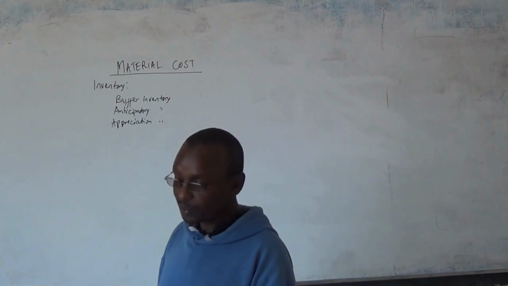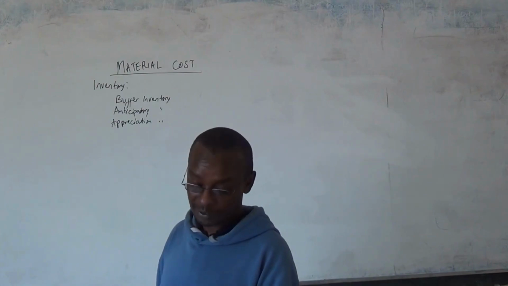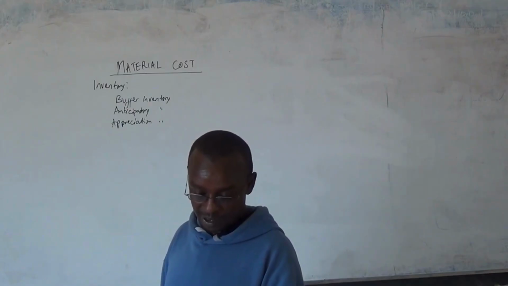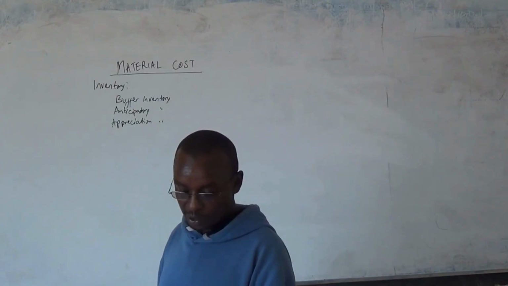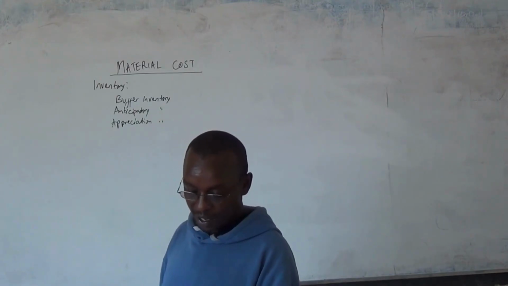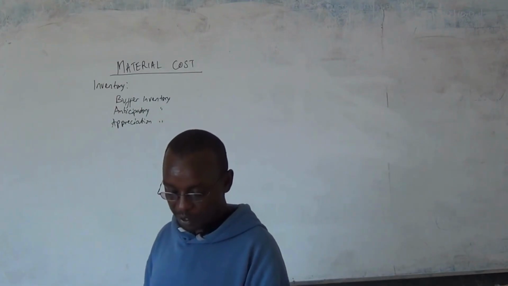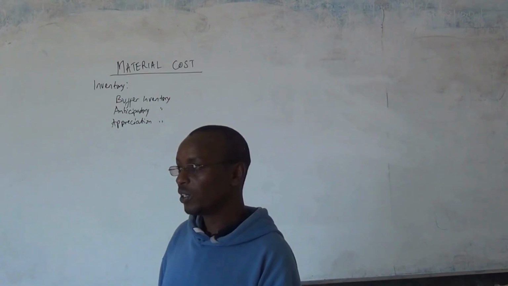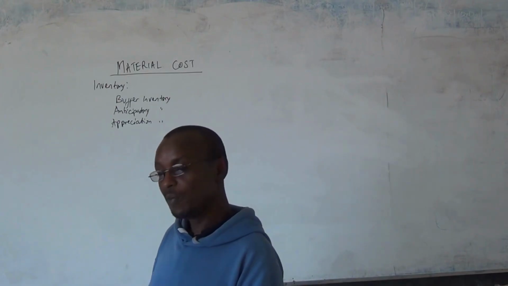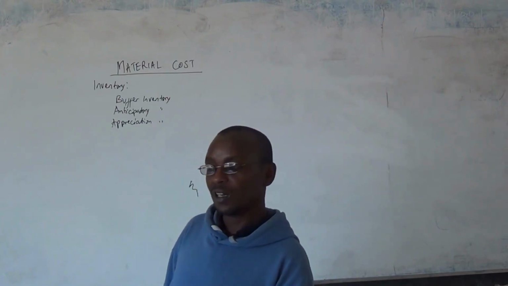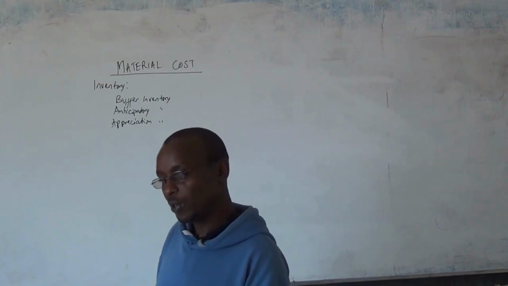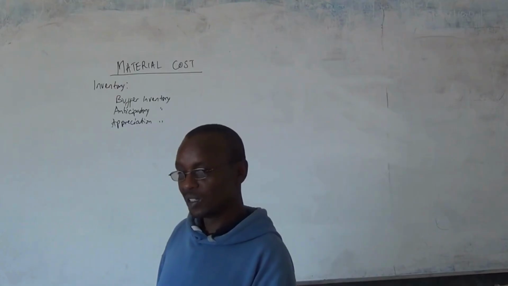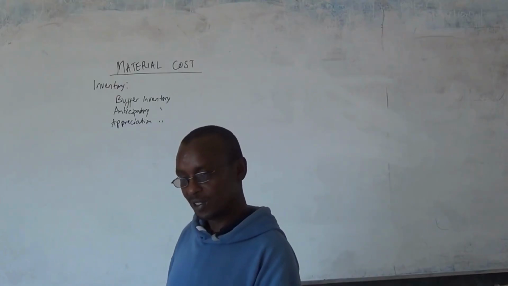So, we have to make various decisions regarding the inventory and the inventory control. These decisions are the optimal quantity of order to make to minimize the inventory total cost. We need to decide how much stock we are going to be ordering at a go, instead of continuing daily, isn't it?